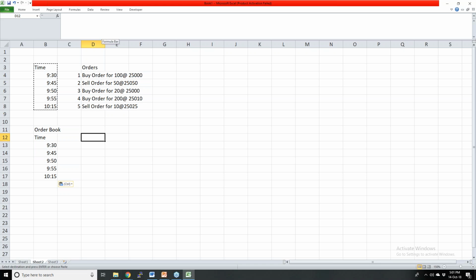So this is the bid. So feel free to sort of... this is the price, this is the quantity, this is for ask, this is the price, and this is the quantity.